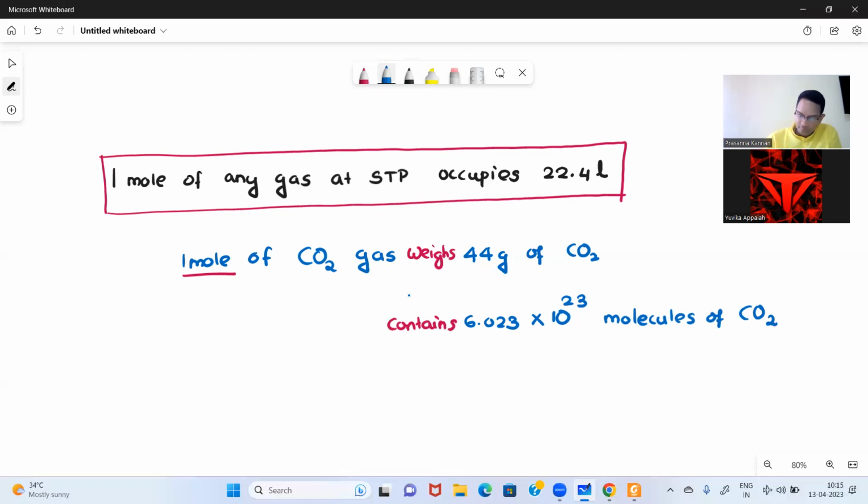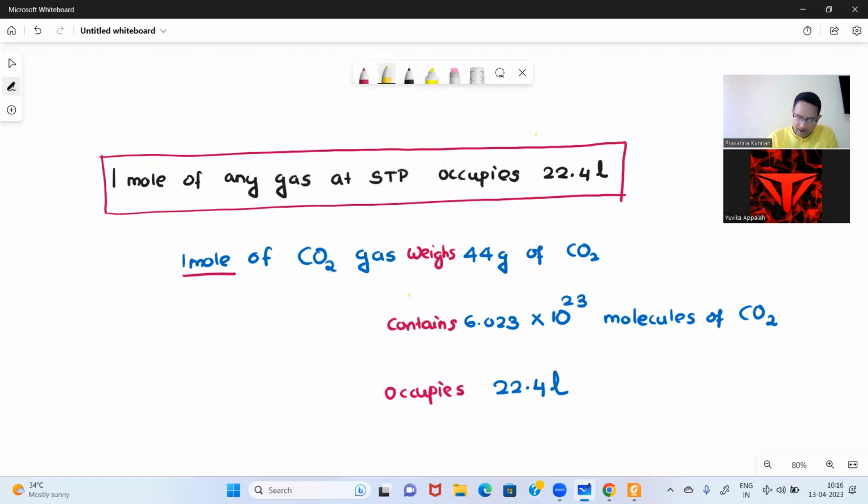Now, 1 mole of carbon dioxide at STP occupies 22.4 liters. Clear, Yuvika? Usually, these are the three relationships which we need to know.